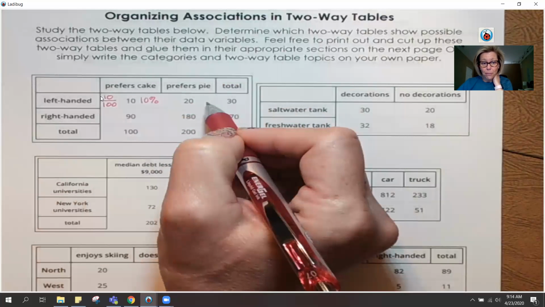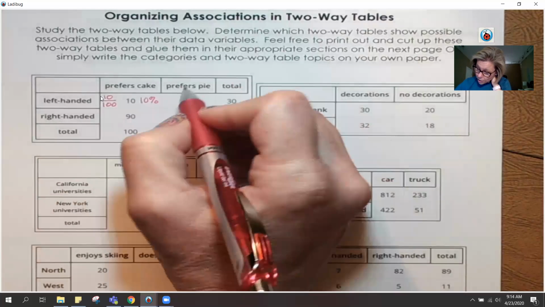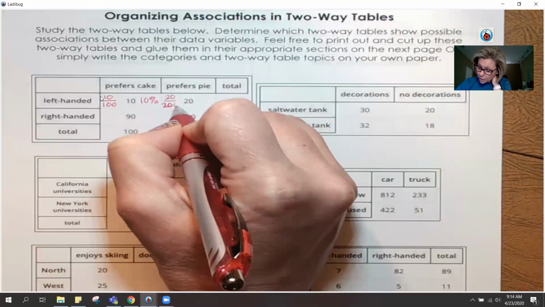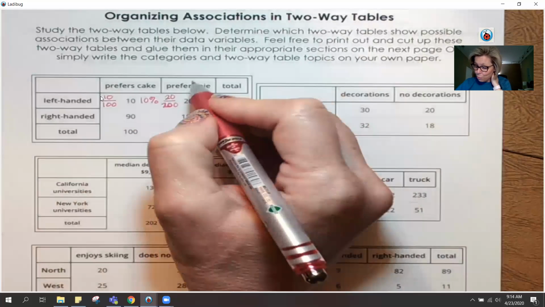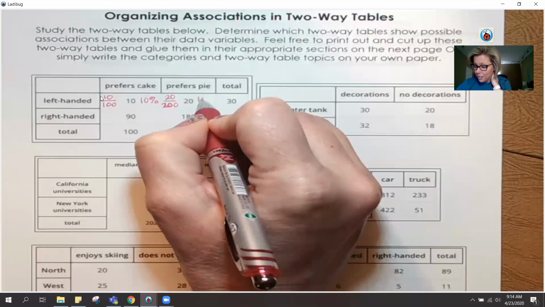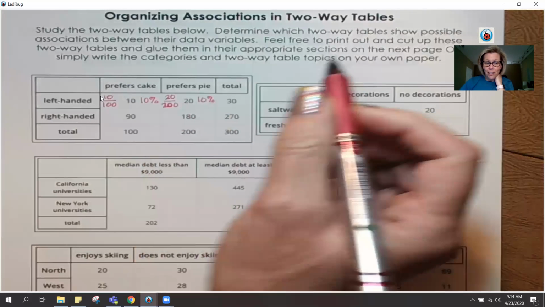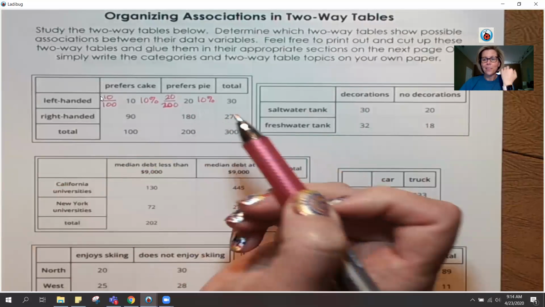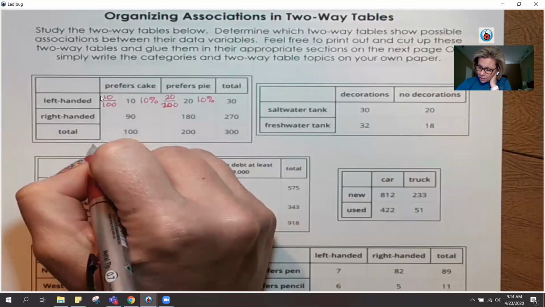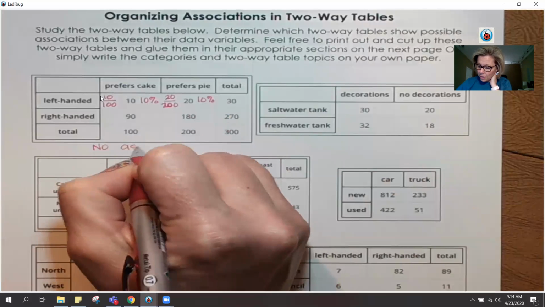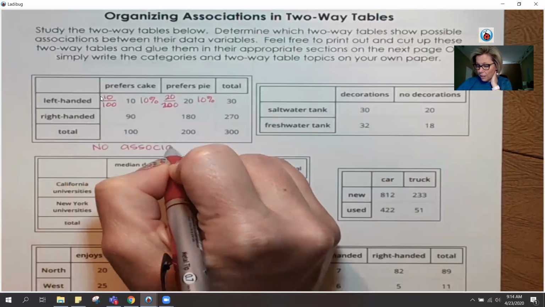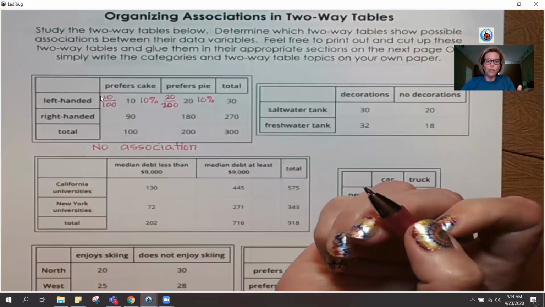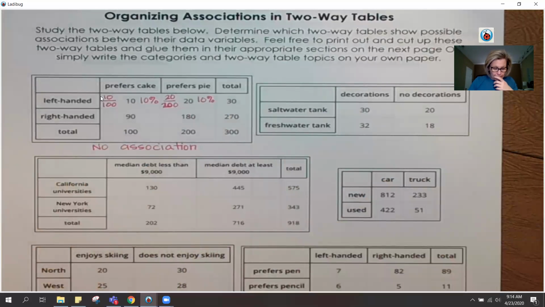Then over here for prefers pie, in the same row, 20 out of 200 prefer pie. Well, 20 out of 200 is also 10%. If 10% of left-handed people prefer cake and 10% prefer pie, then there's no association here, because the percentages are the exact same. There's no difference in those.